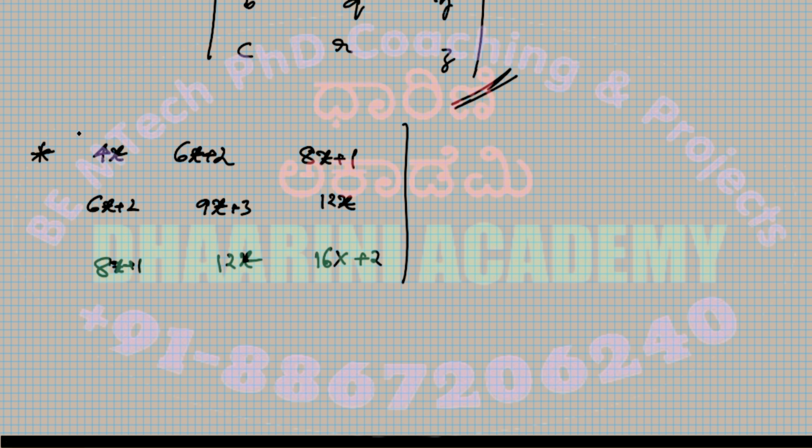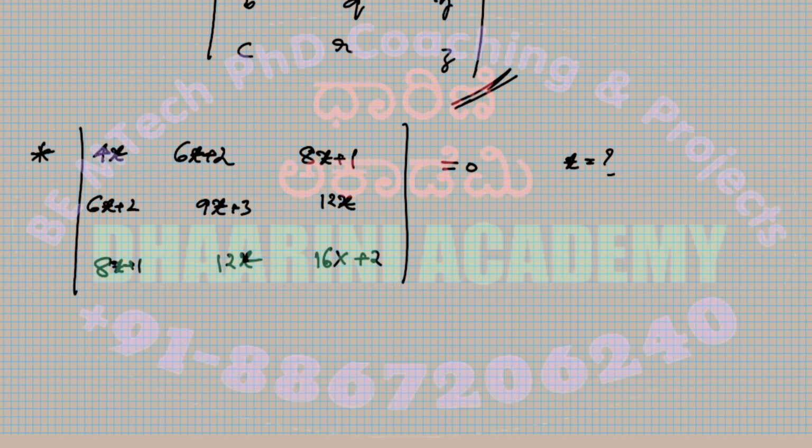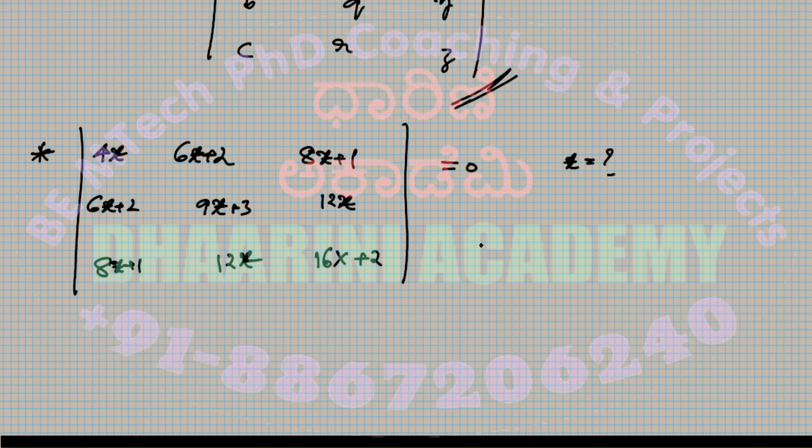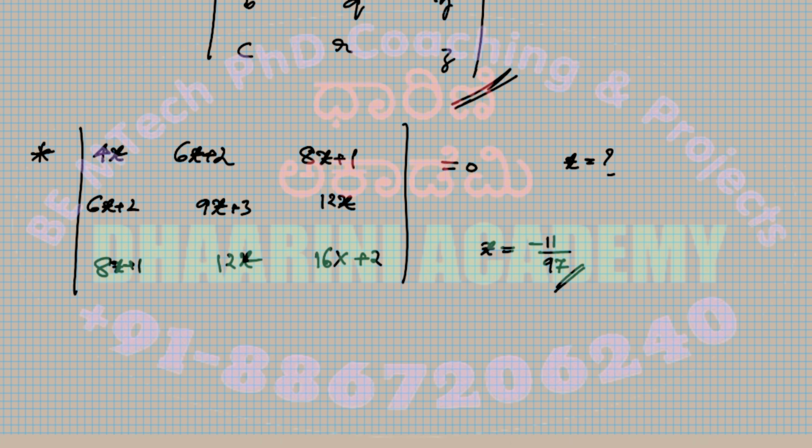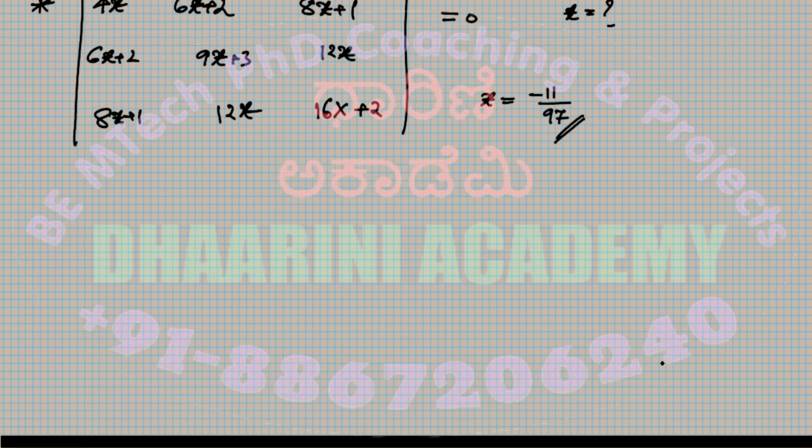If this determinant is equal to 0, calculate the value of x. When we solve this, we get x is equal to minus 11 divided by 97. That's right.